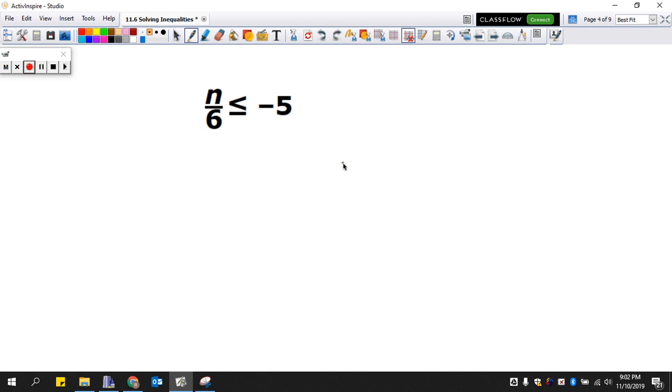N divided by 6. Multiply both sides by 6. Once again, we have a negative here, but that doesn't matter because this right here is a positive. So the 6's cancel out. N is less than or equal to, and we keep that inequality symbol because it's a positive, and this becomes negative 30.